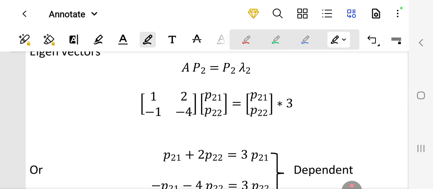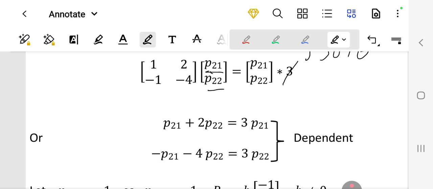For the second eigenvector, A P2 equals P2 times lambda 2. The A matrix times P21, P22 equals P21, P22 times the value negative 3.5616. Then we have the two equations.